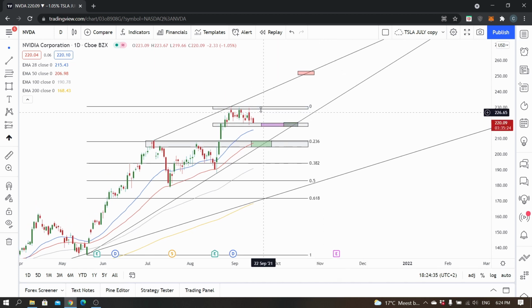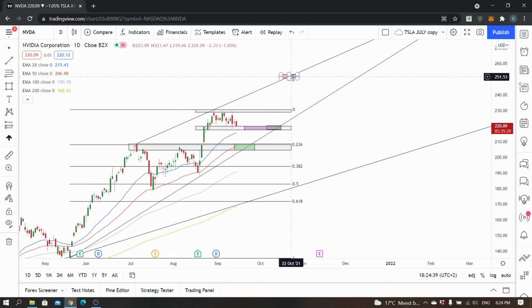So that's why I am not really comfortable at setting sell areas. I have set one sell area though, which is more of a speculative sell area. This is practically based on the 250 price point, which is a psychological key level, psychological resistance.